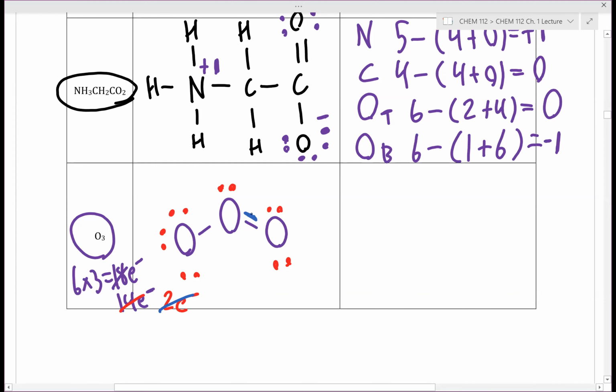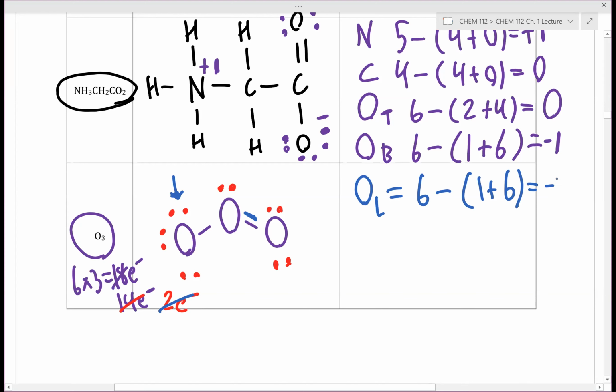So let's show what I mean by that. Let's calculate the formal charge of the oxygen on the left. We're looking at this one right here. What's the group number of oxygen? 6. Yep. And how many bonds does this oxygen have? 1. Yep. And how many lone pairs does it have? 6.